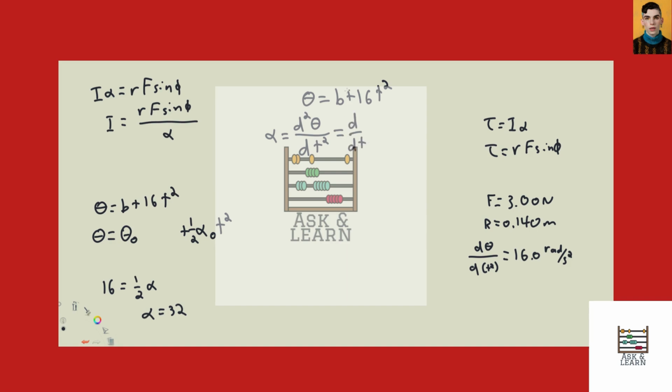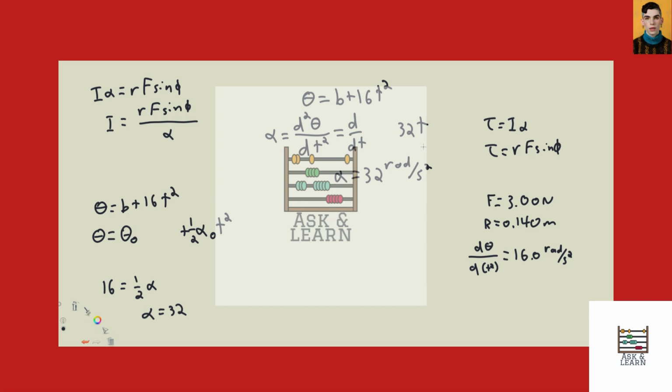The first derivative of this is going to be 0, plus bring down the 2, so this will be 32t. And so now take the second derivative, the 0 is going to stay 0, and then this derivative will just remove the t, and we will get alpha is equal to 32 radians per second squared.